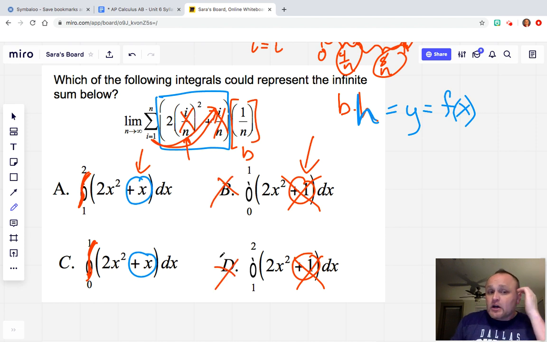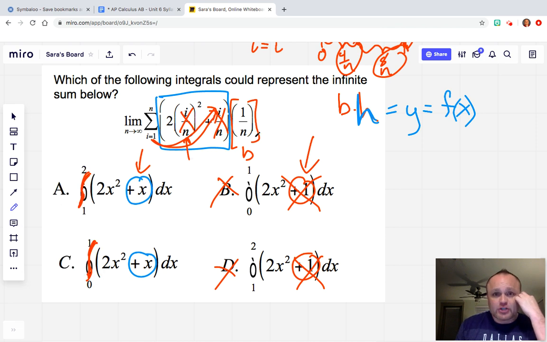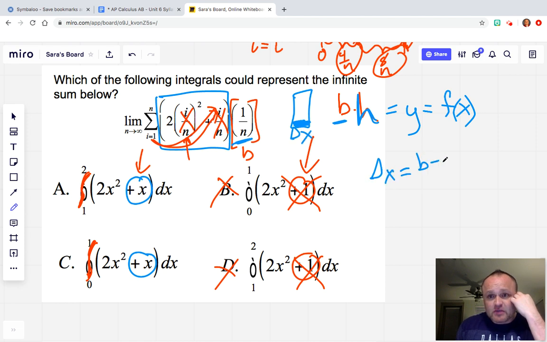Okay, so we have to ask ourselves, where are we starting and how big is the jump? If b is the width of each of these rectangles, and we know it's delta x, then delta x is b minus a over n. This delta x says that it's 1 over n.